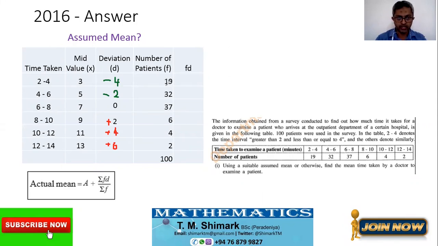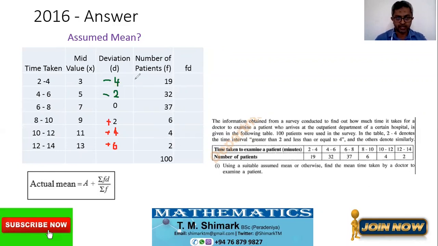We have already got the frequency numbers. The number of patients is the frequency, which is given clearly here. The frequency means how many patients attended. So FD we are going to find.